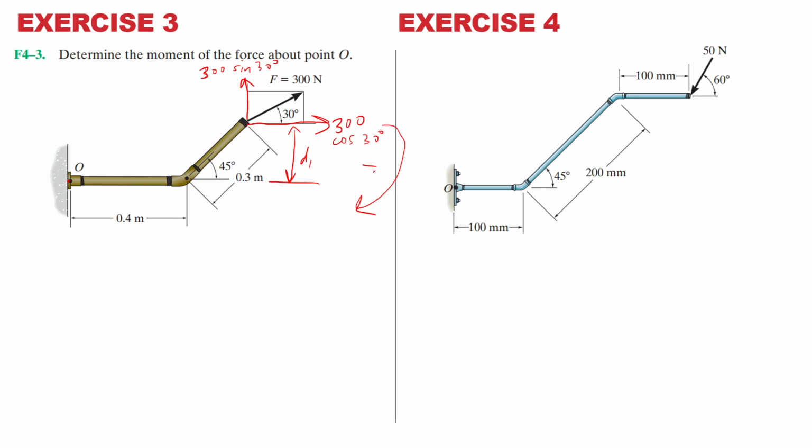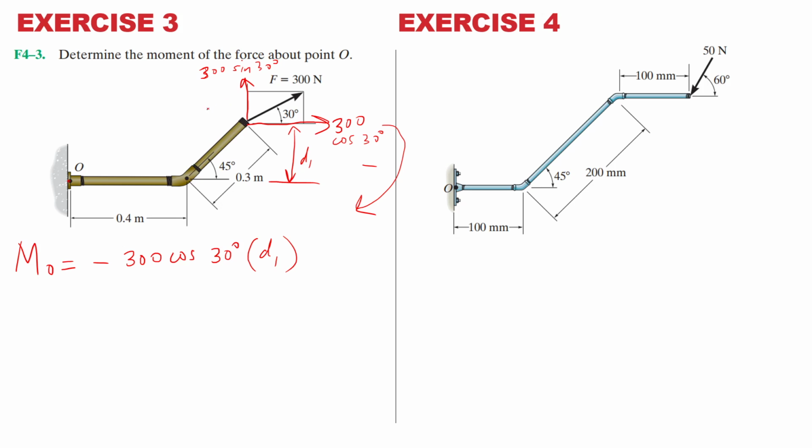So it's actually negative. So moment at O is negative 300 cos 30 degrees multiply by the distance. Distance is D1. So find D1. Okay, so this one is a negative.